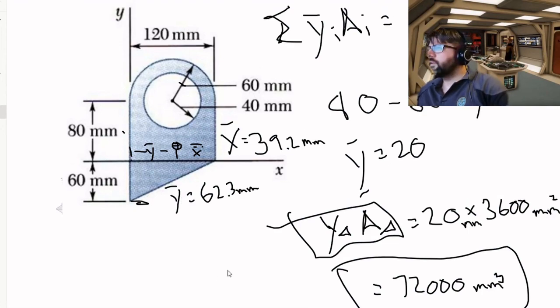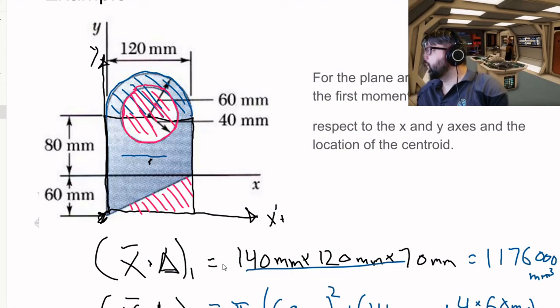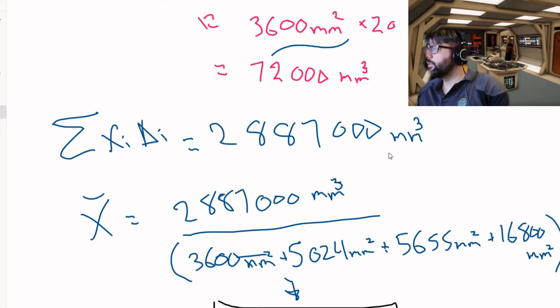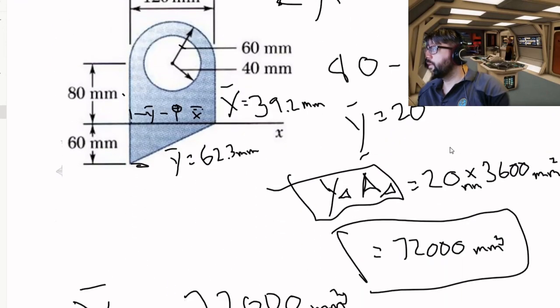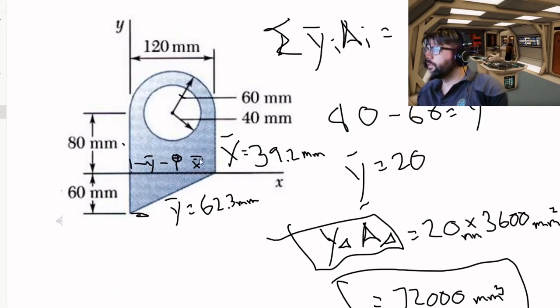And let me just go double check. So yeah, yep, there we go. So we got our first moments that we solved for. That's that value there and this value here, and then we used it to solve for our centroid with respect to the axes in question.